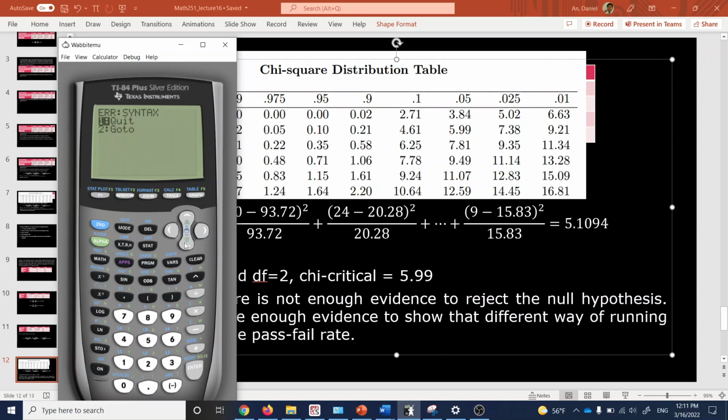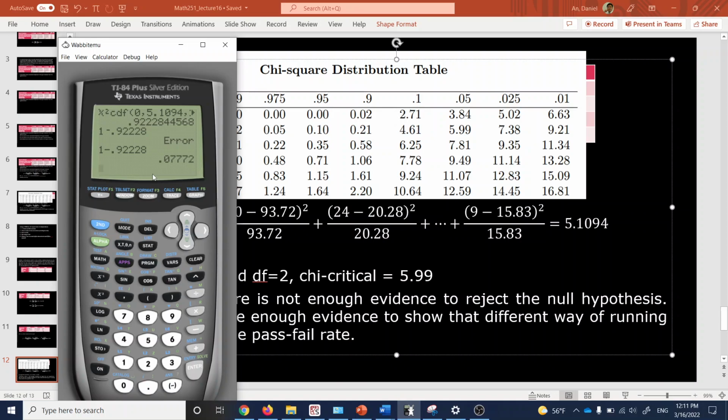Now you don't have to know this one, but all I wanted to say was that indeed, when you want to get the p-value, you have to apply the CDF function.